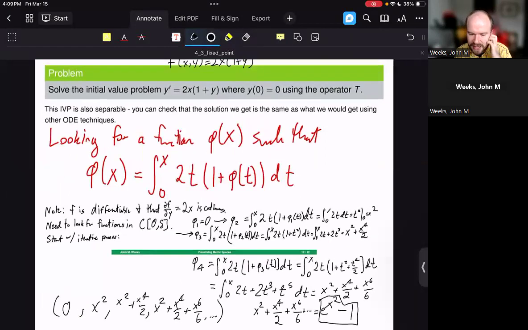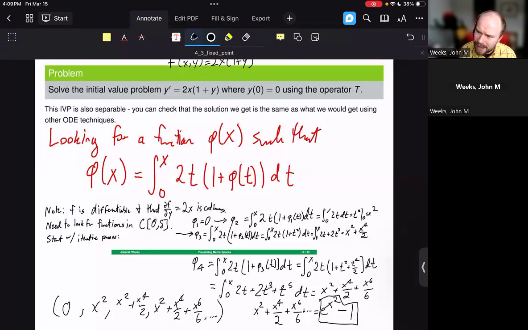You might notice this is a separable IVP, and you can use the ways that you've learned to solve differential equations from an undergrad level course or from our 632/689 course to figure out that this is actually a solution to this IVP. In fact, it is the solution to this IVP since we have a specific solution when we plug in y of 0 equals 0.